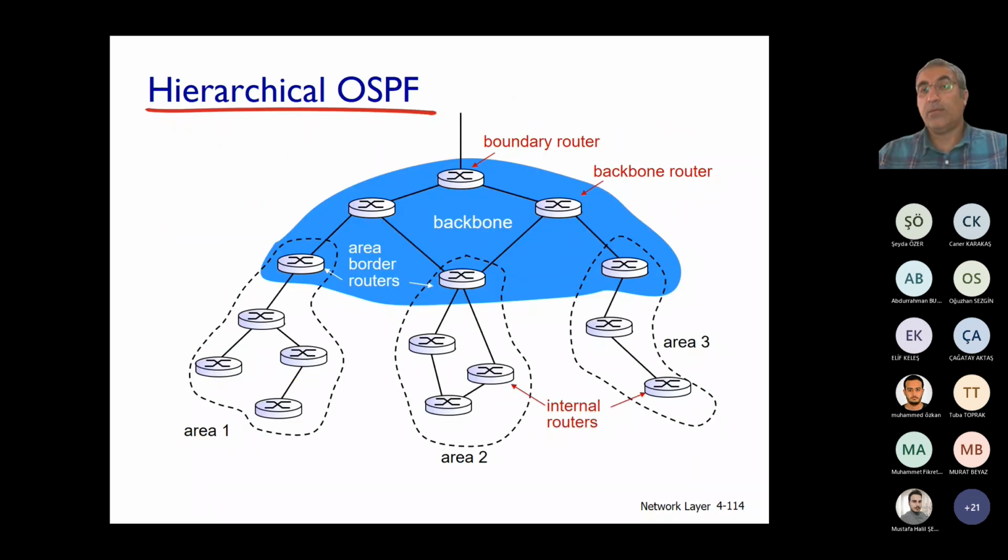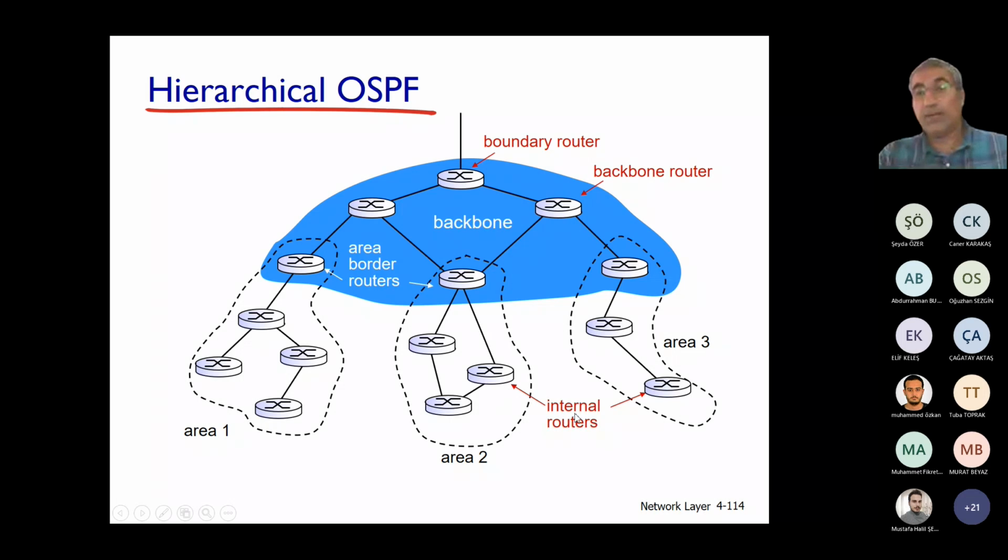Let's look at the hierarchical OSPF that is utilized in large domains. First of all, we split the network into two parts. This is the local area part, and the remaining blue region is called the backbone. And we have different types of routers in this case.